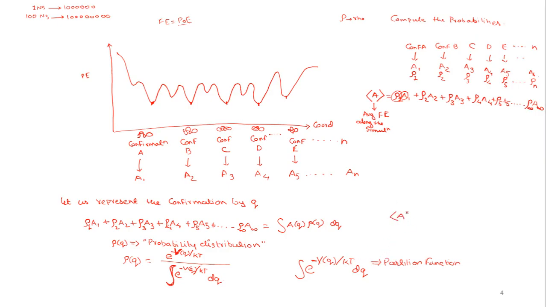If you want to calculate the free energy, we need to know the probability of a particular configuration, and then the rho of q that corresponds to the distribution. And when we have an integral, we have dq in the calculation. So this is what we need to figure out.